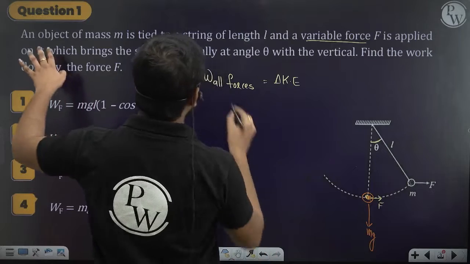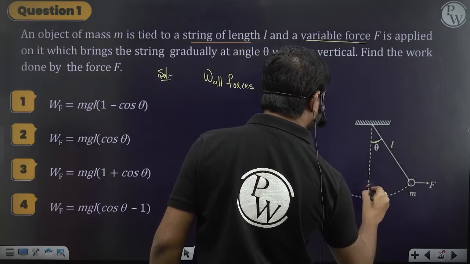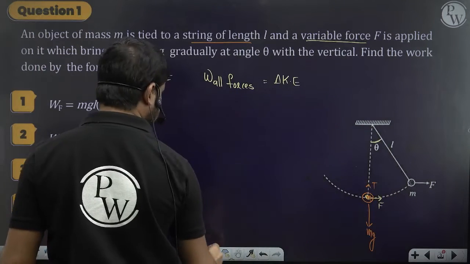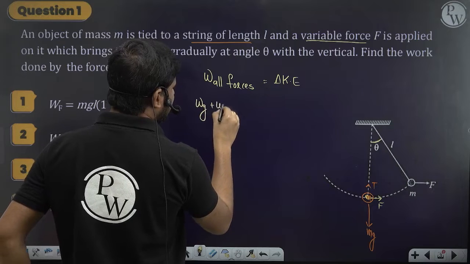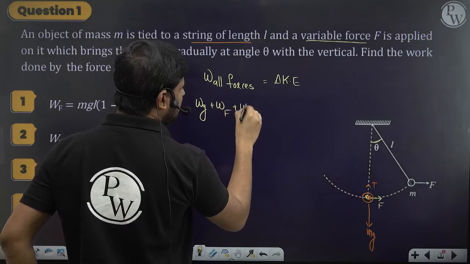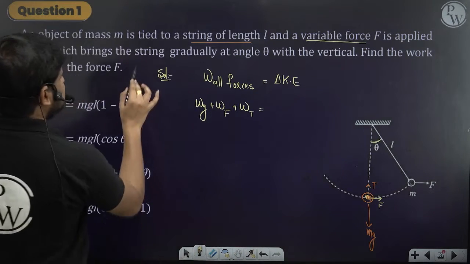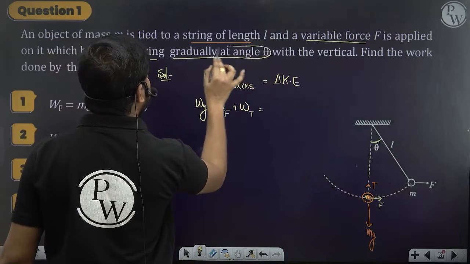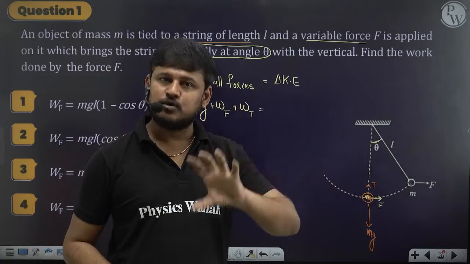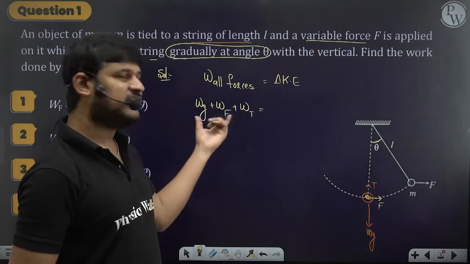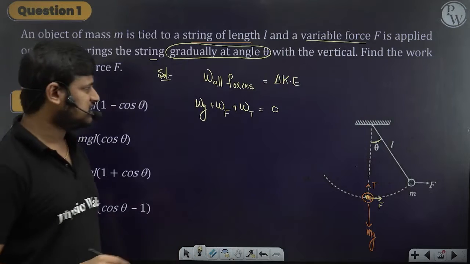Since it's a string of length L, there will be a tension force. So the work done by gravity plus the work done by the applied force F plus the work done by tension will be equal to the change in kinetic energy. The string gradually comes to an angle theta. Whenever you see gradually, slowly, or pulled up slowly, these terms indicate the change in kinetic energy is 0. We already discussed this in the last session.